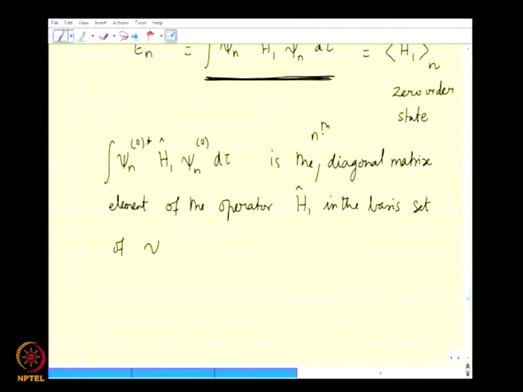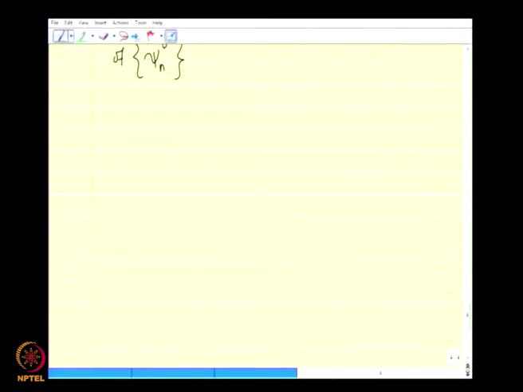of psi n0. So if you remember, the matrix representation for the Hamiltonian or any operator A is, if you have a set of wave functions psi 1 0, psi 2 0, psi n 0 and so on, and you have psi 1 0, psi 2 0, psi n 0.